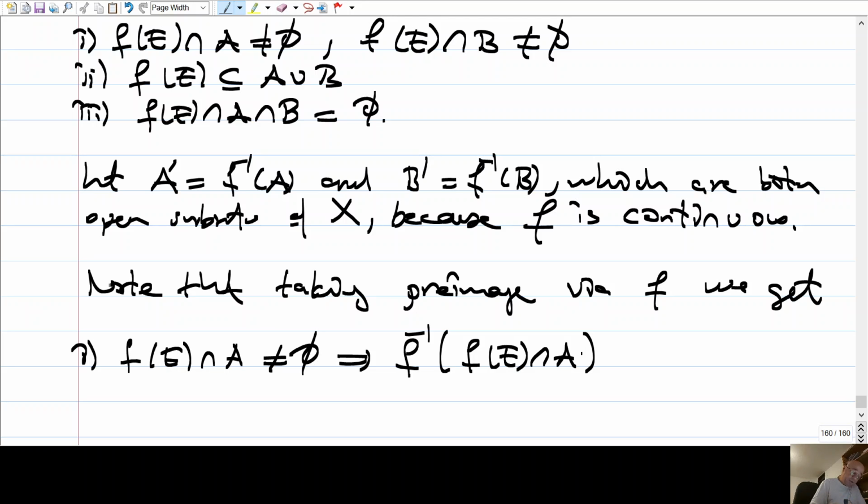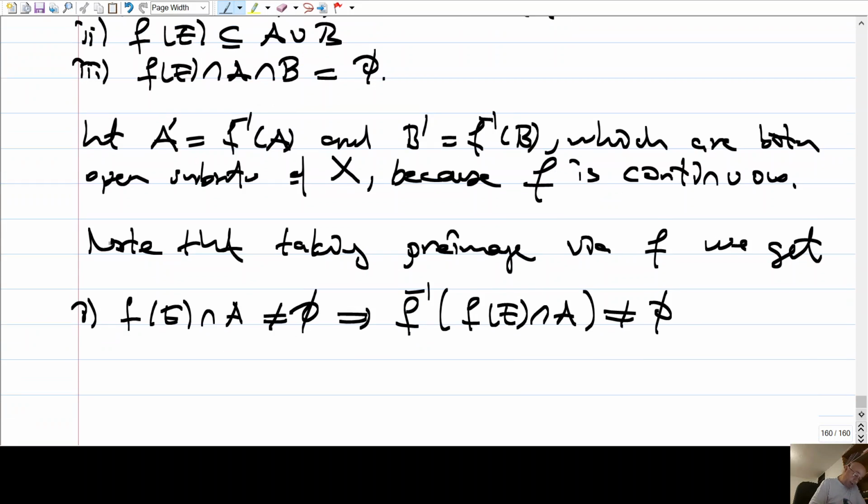Therefore, its preimage cannot be empty, right? And what is this?